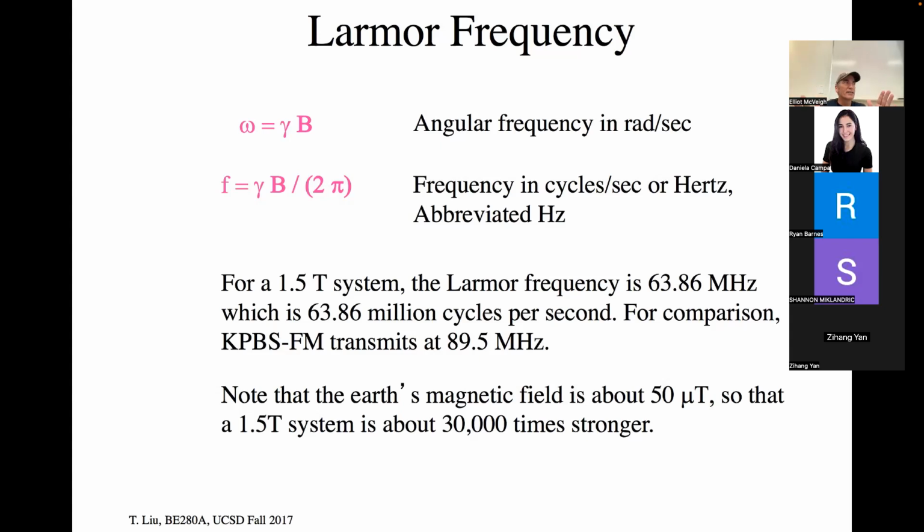So we'll irradiate it at that frequency specifically. And at 1.5 Tesla, it turns out that frequency is 63.86 megahertz, okay? And that's the magic frequency.